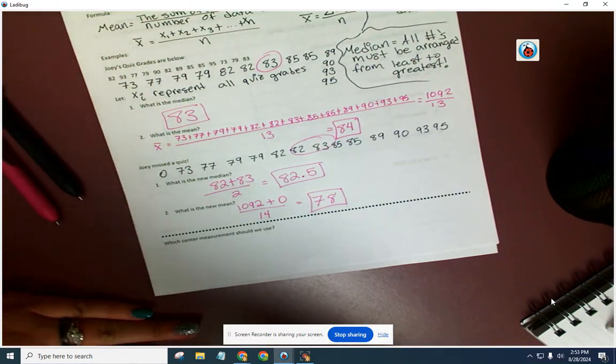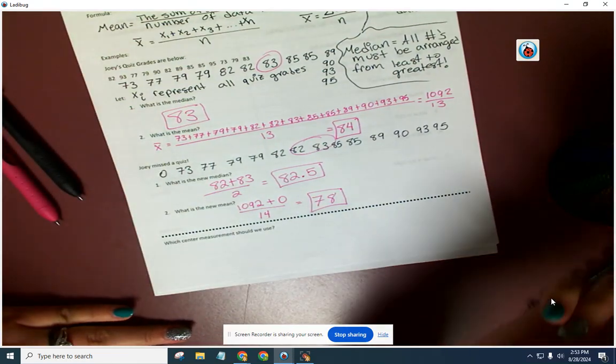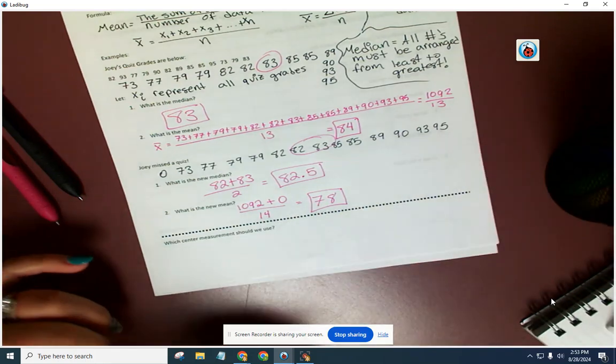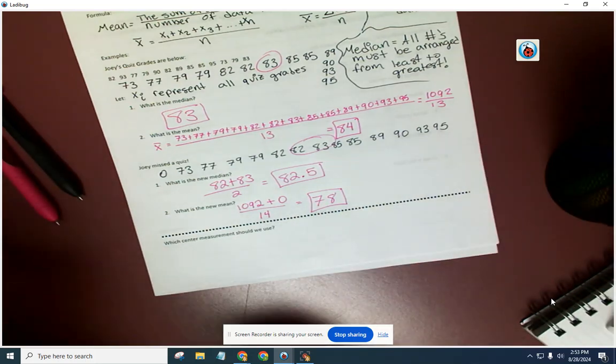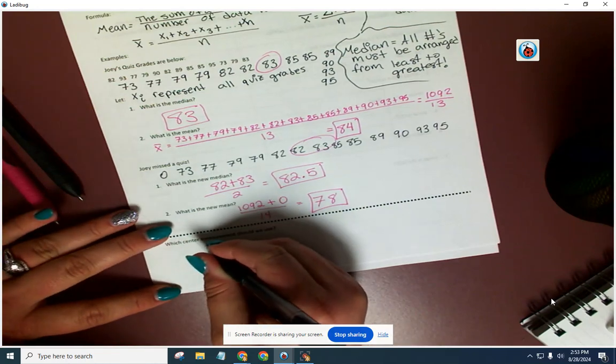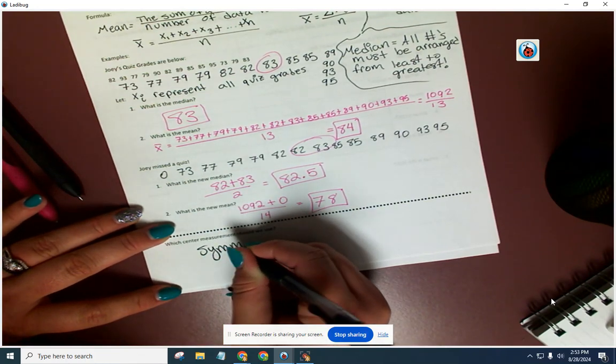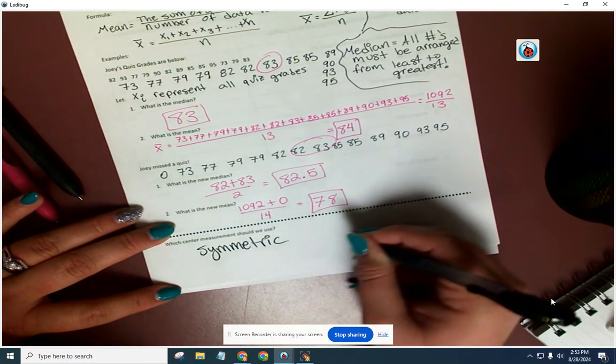So then the question becomes, which measurement should we use? How do we know whether to use the median or the mean as the center? It all comes down to whether the data is symmetric or skewed.